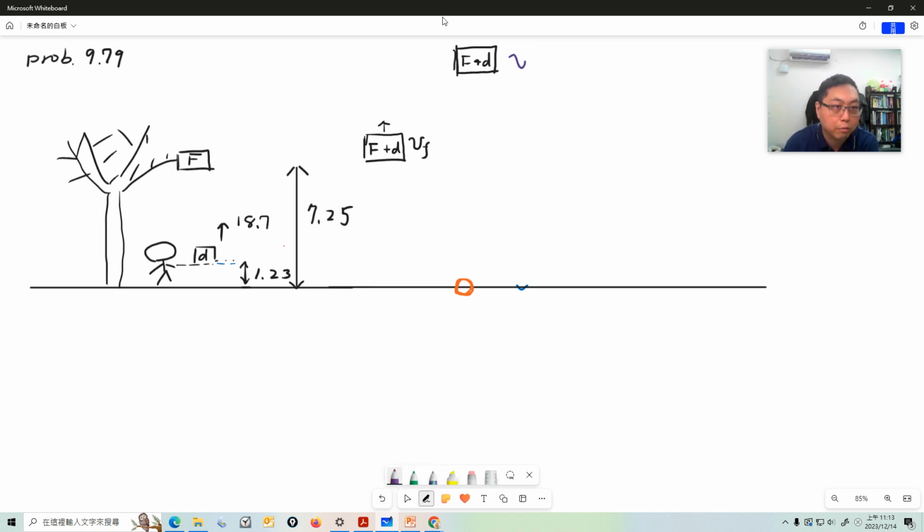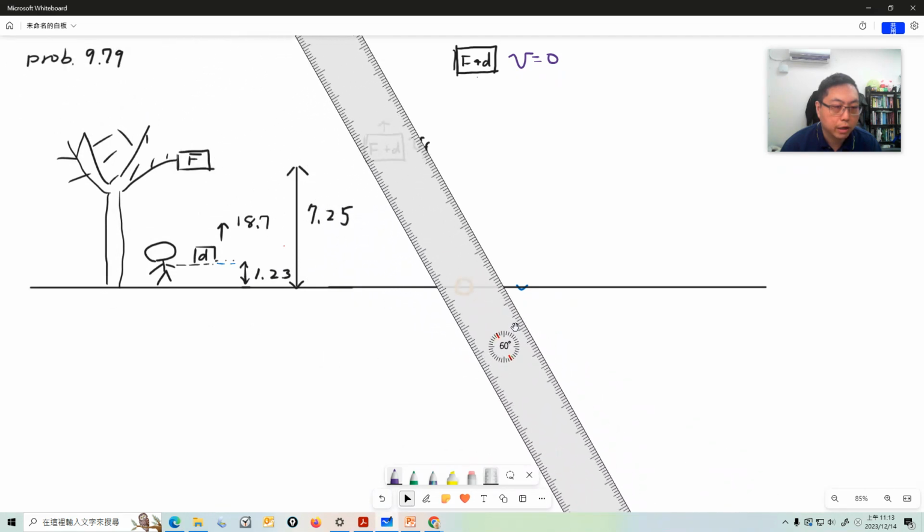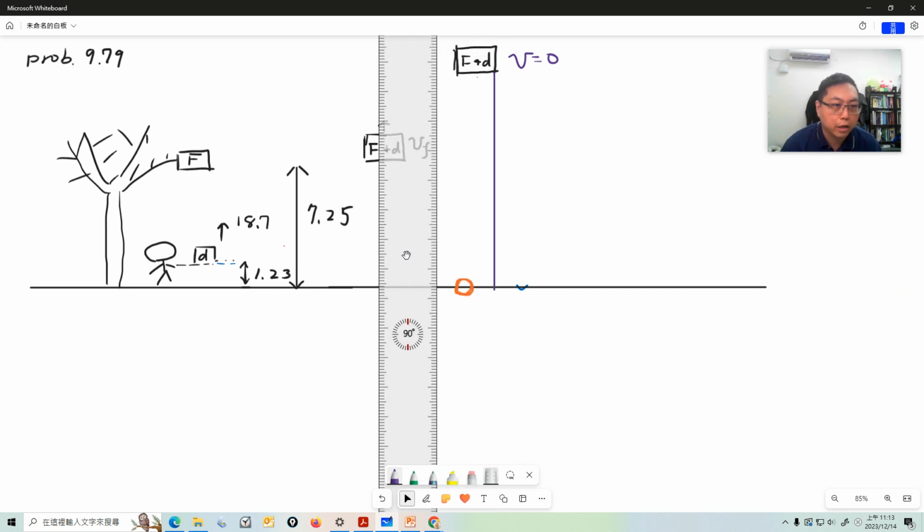Here we call it the maximum height, h maximum.